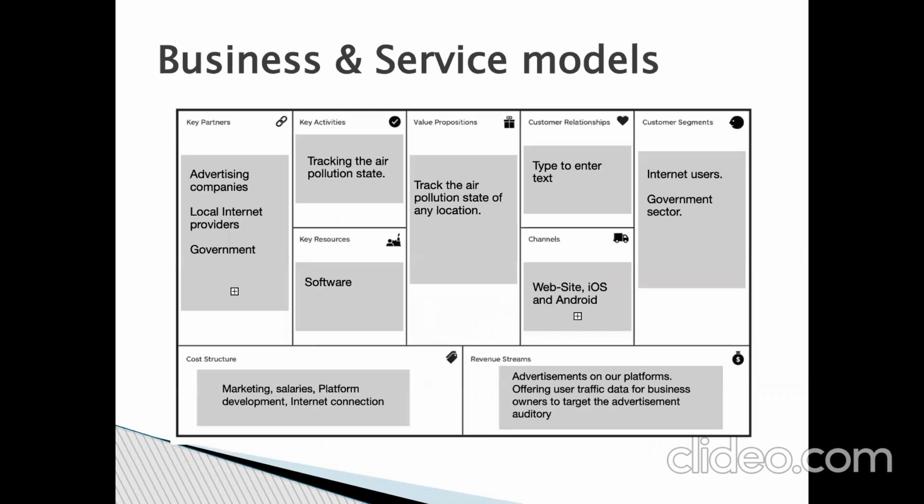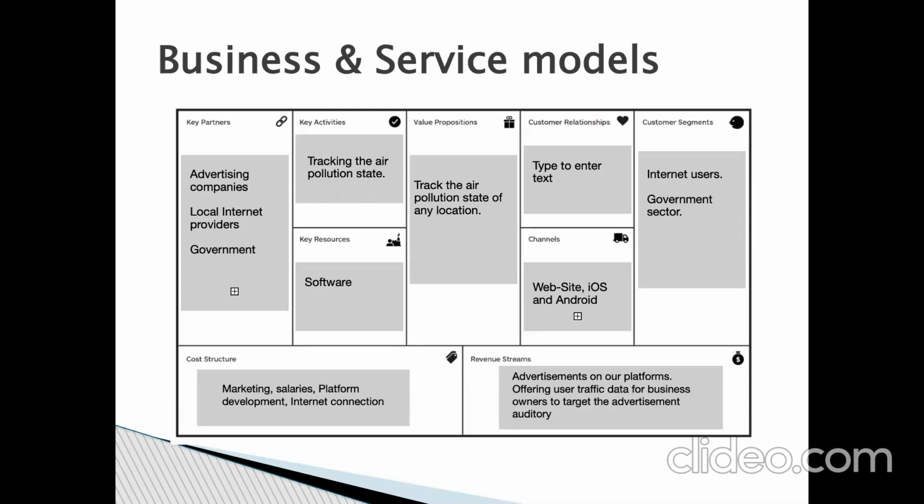One of the main parts of the project, which tells us how we are going to make profit from it, is the business and service models. Our key partners are going to be advertising companies, local internet providers, and the government. Those people are going to take some advantage from us, and sometimes they will have to pay some amount of money.